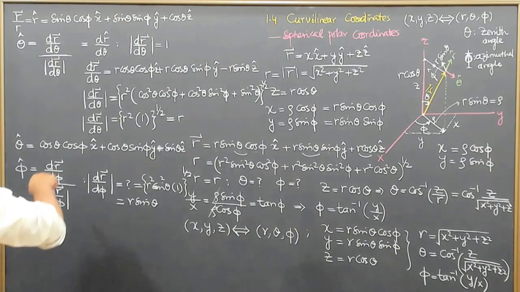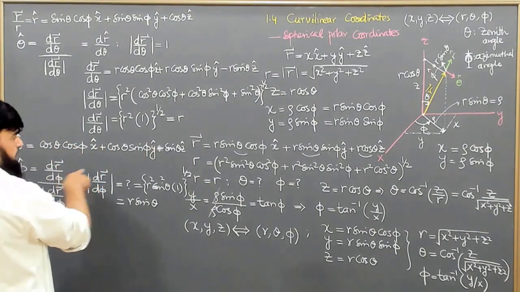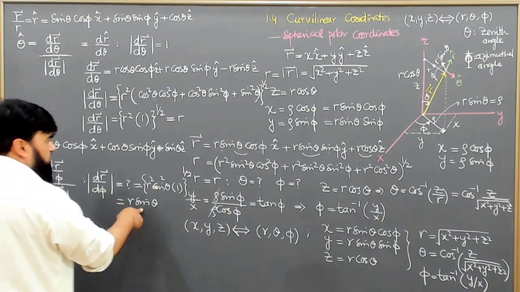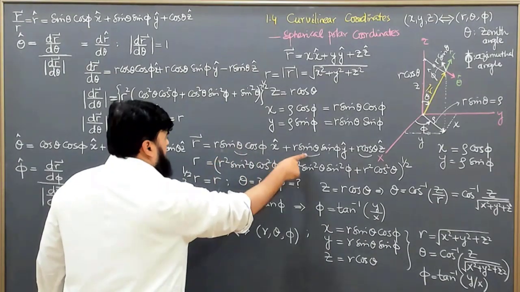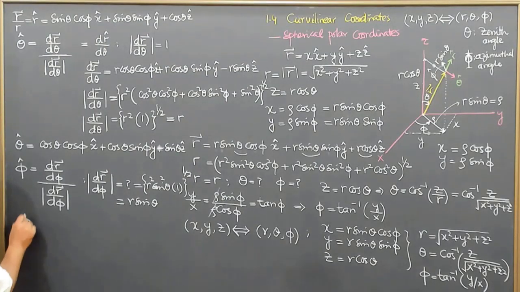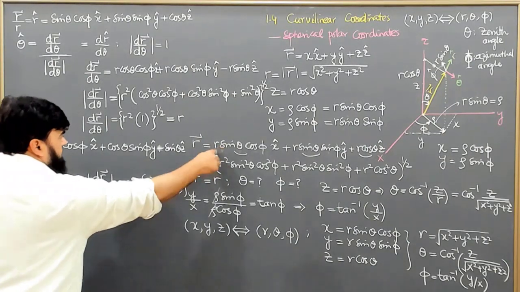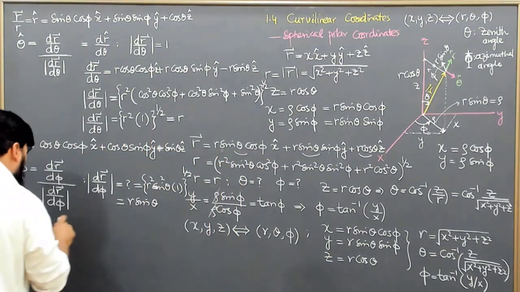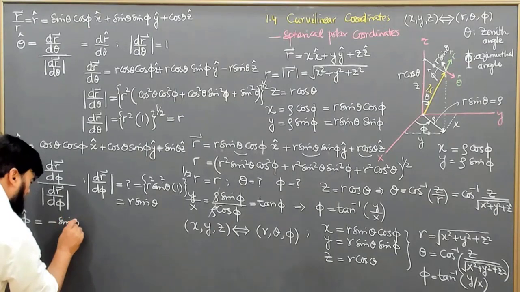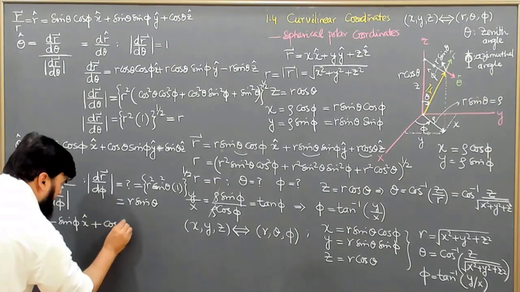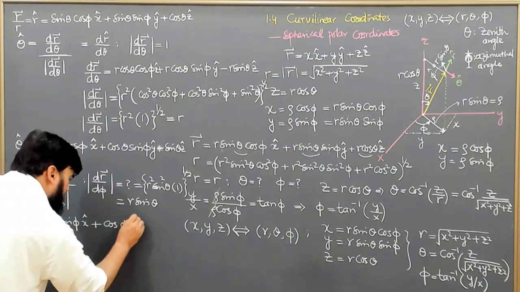It means when we differentiate r with respect to phi, we have to divide it by r sine theta as well. So divide by r sine theta and differentiate with respect to phi, and we get the phi unit vector. First divide by r sine theta, so this one is gone, this one is gone. Differentiating with respect to phi, it is equal to minus sine phi in the x unit vector plus cos phi in the y unit vector.